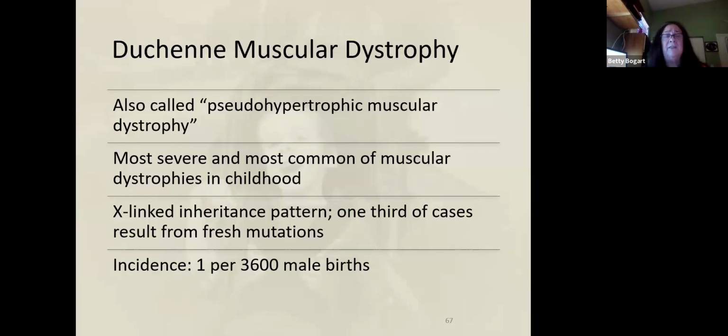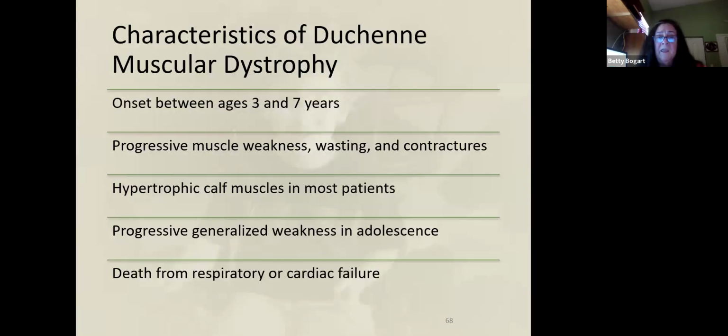It is something that mommy, an X-linked inheritance, gives to sons, and we usually find it between ages 3 to 7, and boys, not girls. We usually will see a child that is a little delayed cognitively.